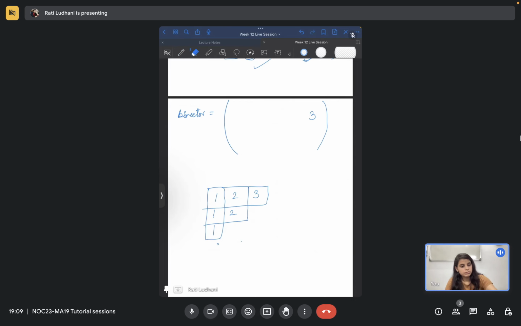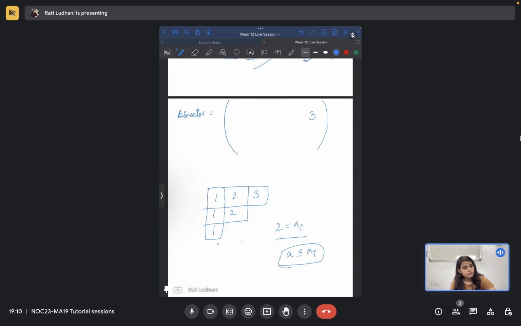So now we'll make it move to the second row. Second row means you must have inserted 2, so this 2 is your AI. Now we need to remove what we must have tried to insert. As you can see, we look for A such that A is less than or equal to AI.